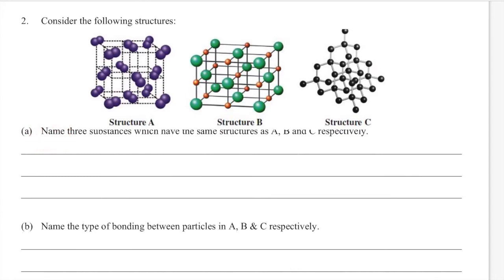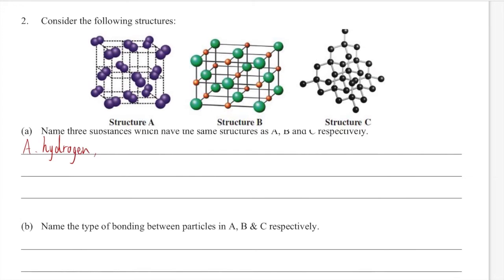Okay, so for A, you can see there are small molecules in the structure, and within each molecule, you have 2 particles stuck together. So that means this diagram is representing diatomic molecules. There are many possible answers for structure A, and there are some common examples that you have learned in grade 9. For example, hydrogen gas exists as diatomic molecules.